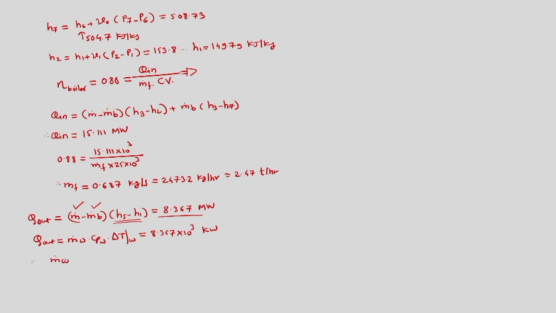So m dot water into Cp of water, 4.187 into 6 degrees Celsius or Kelvin rise, is equal to 8.367 into 10 to the power 3. So this gives us mass flow rate of water to be 333.05 kg per second. So this is how we would have solved the example for the cogeneration plant, where we have to find out the work as electricity output and also the heat transfer in the form of heat load.